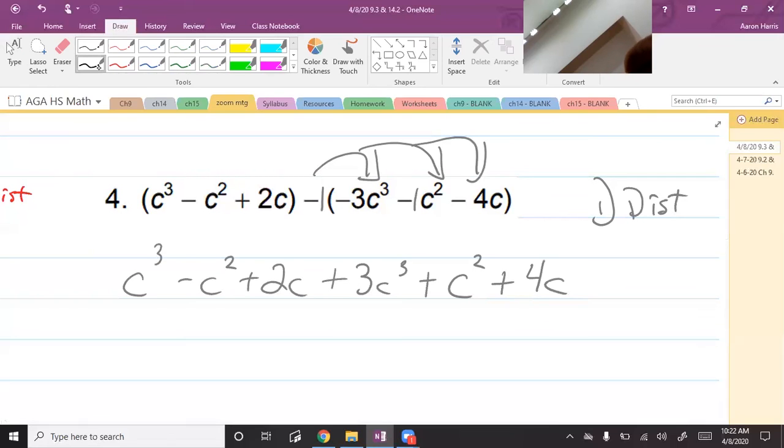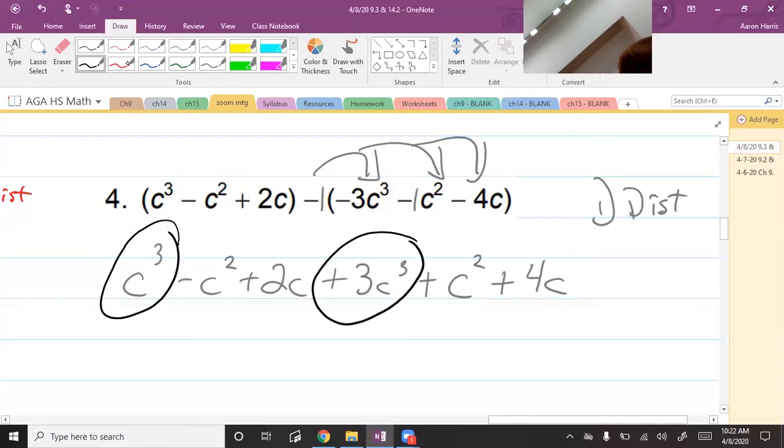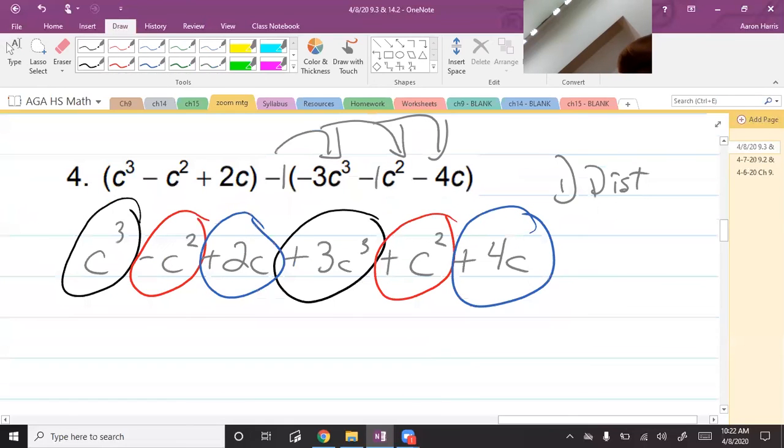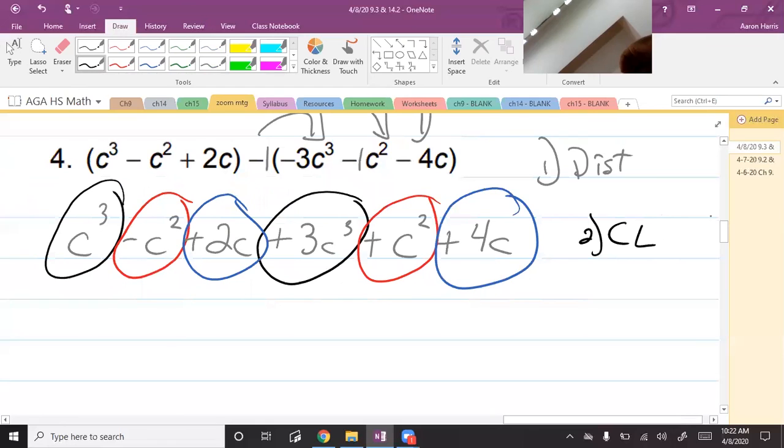Now what do we do? C cubed, negative c squared plus c squared plus 2c plus 4c. Combine like terms. That's all that is. So here we go. There's a 1 there. Here's a 3. 1 plus 3 is what? 4. So I get 4c cubed.